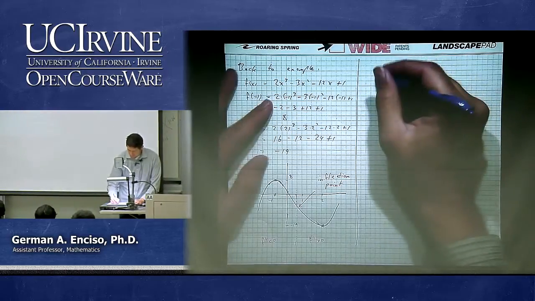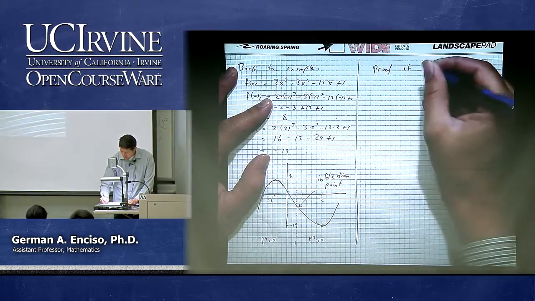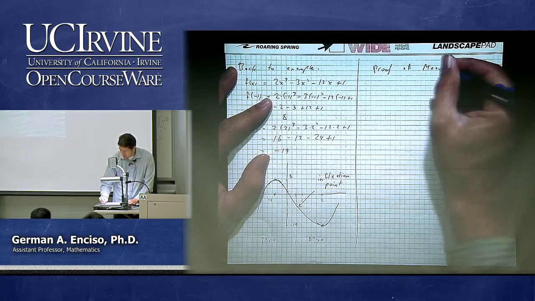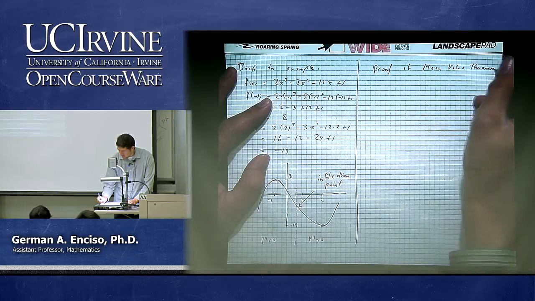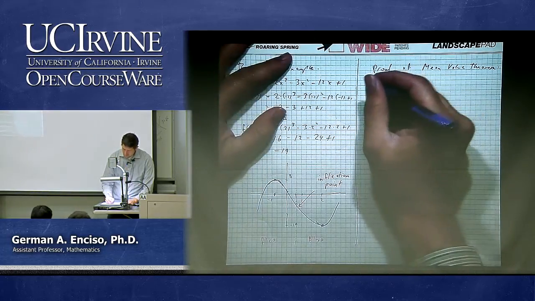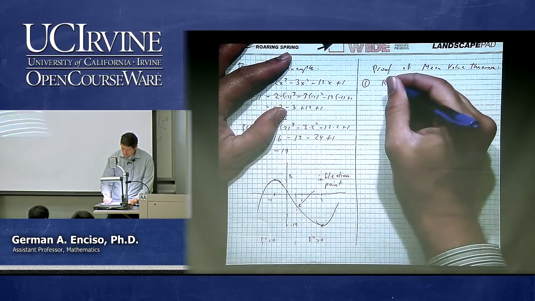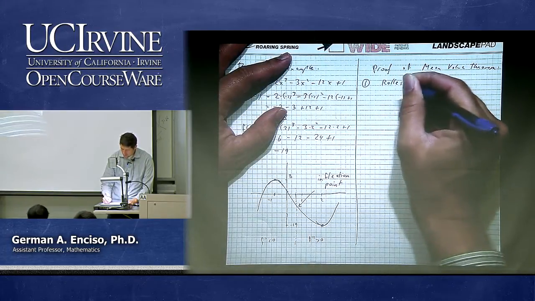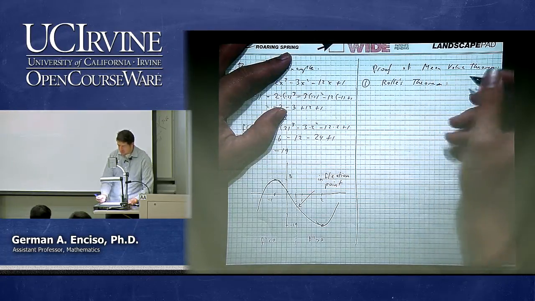So, proof. The first step of the proof is something called Rolle's theorem, which says the following.